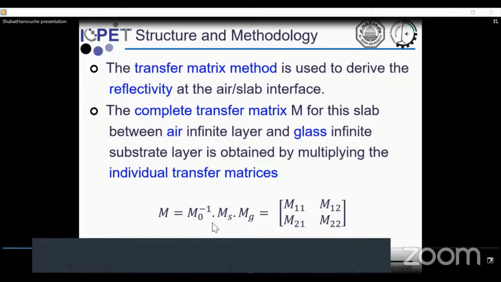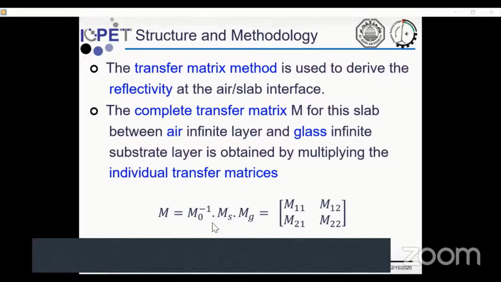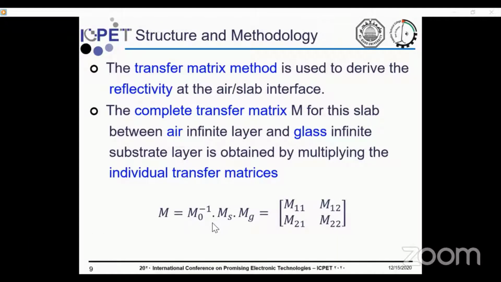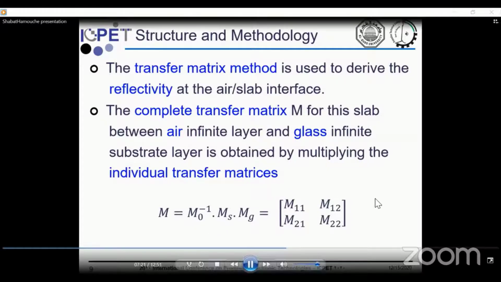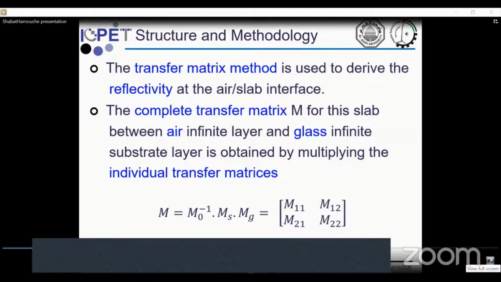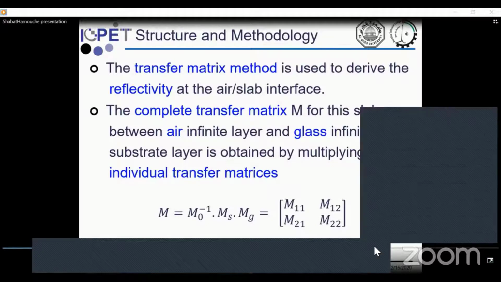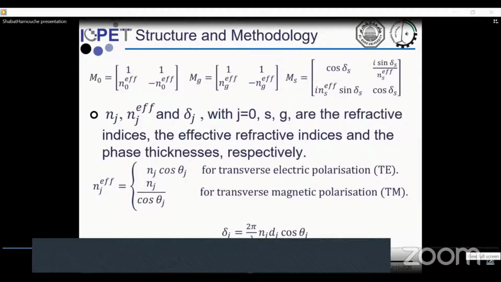The complete transfer matrix M for the slab between the air incident layer and the glass substrate layer is obtained by multiplying the individual transfer matrices. This is a conventional method and approach, and you can easily follow it.